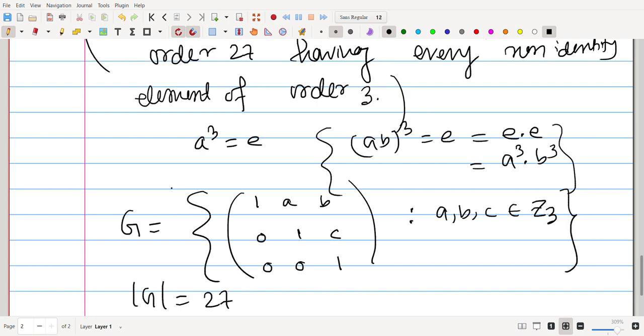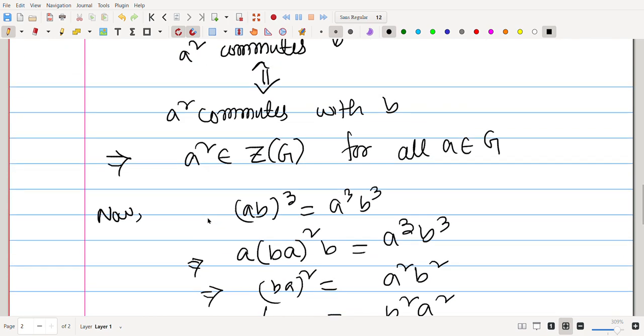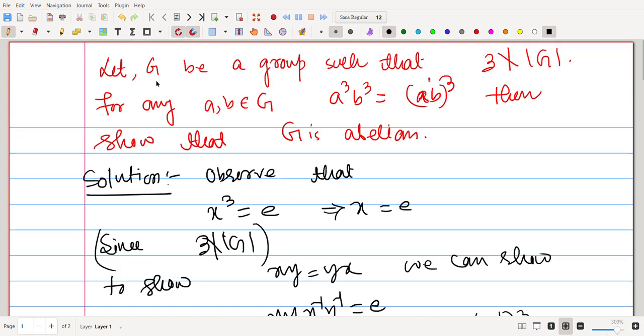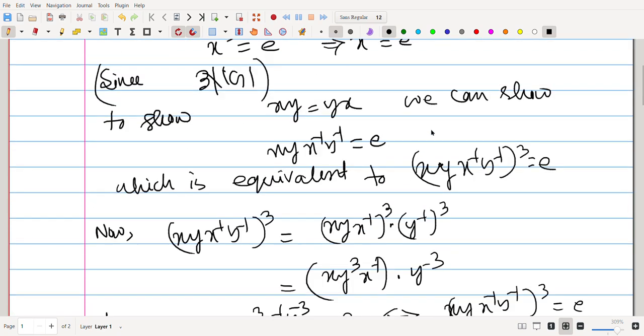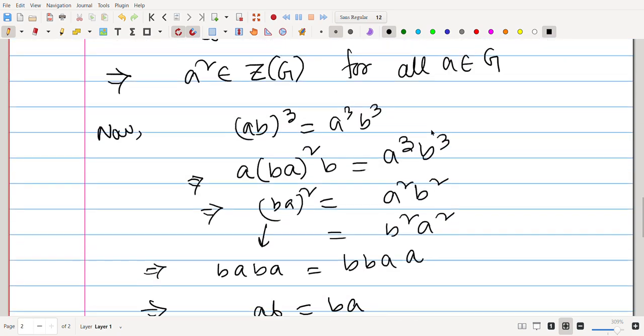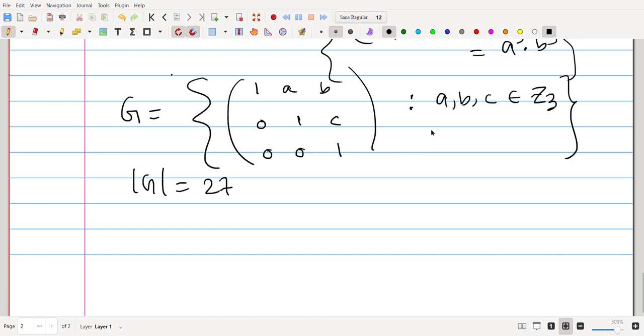So this condition holds, but this is a counterexample. If the condition that 3 doesn't divide the order is removed, then even if the cube condition is satisfied, G may not be abelian. So this is a counterexample, like a converse statement. Okay, I hope it is clear. If you have any doubt, you can ask me.